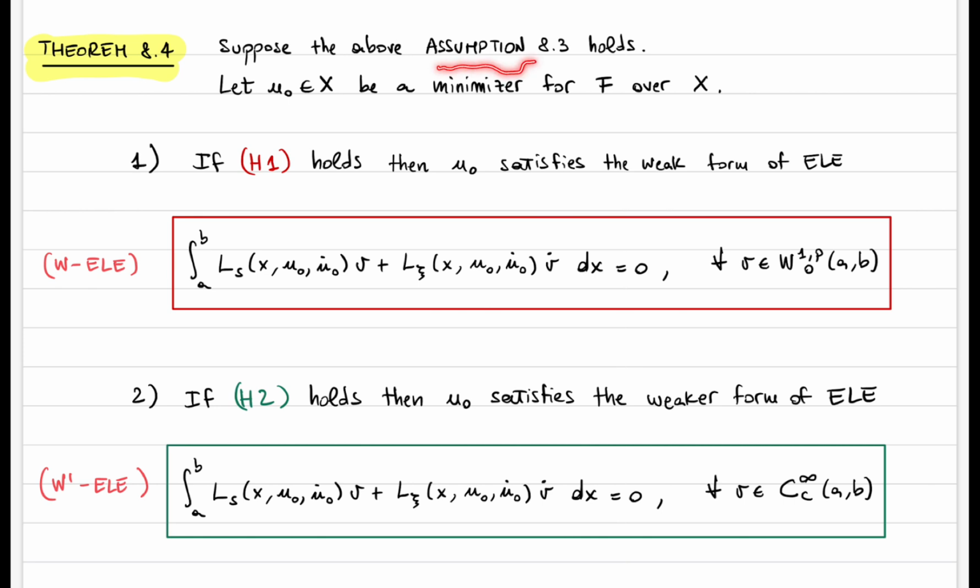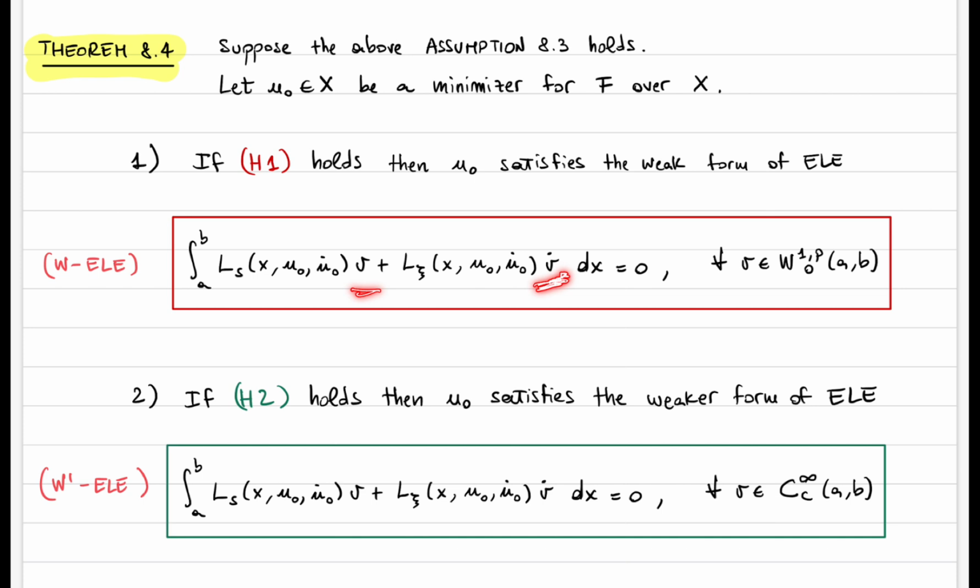So suppose that assumption 8.3 holds, and let u0 in X be a minimizer for F over X. Then, one, if H1 holds, then u0 satisfies the weak form of the Euler-Lagrange equation, which is this one: the integral from a to b of the s derivative evaluated at the point u0 times v plus the xi derivative evaluated at u0 times v dot has to be 0 for every v in W^{1,p}_0(a,b). Remember that in the regular case, you were testing against functions which were C^1 and 0 at the boundary.